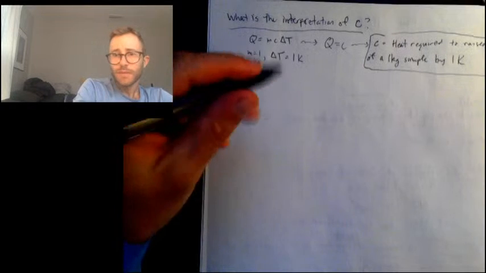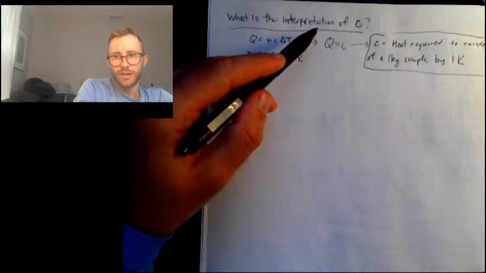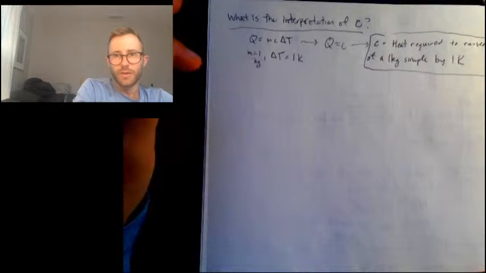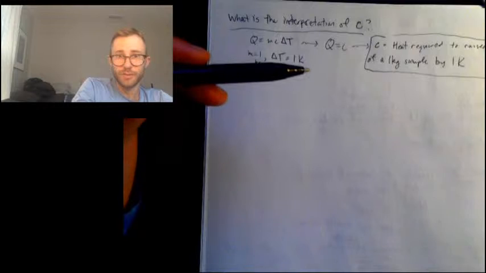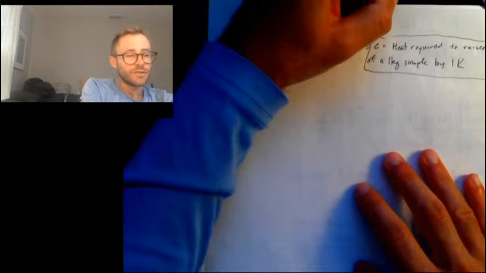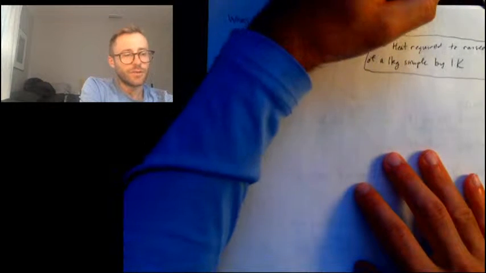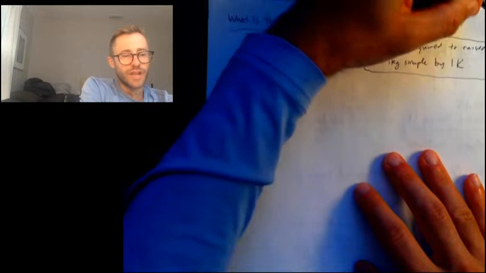So what does it mean if something has a large specific heat capacity? It means that it takes a lot of heat, a lot of energy to raise its temperature. So large specific heat capacity means difficult to change the temperature.